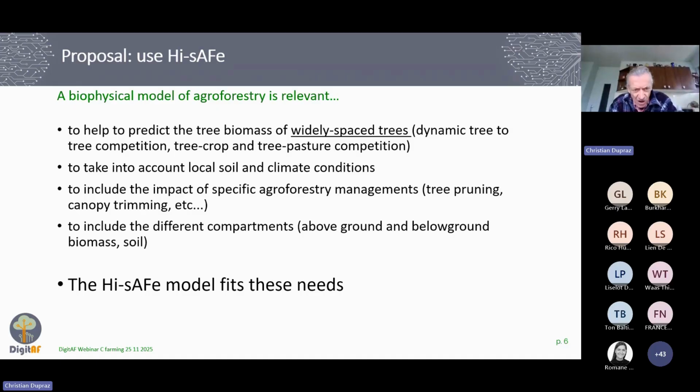It takes into account the local soil and climate conditions. It includes the specific agroforestry management, such as tree pruning, canopy trimming, root pruning, etc. And it includes all the different compartments that we need, above ground and below ground biomass of trees and shrubs, and soil organic matter. So this model fits all the needs.